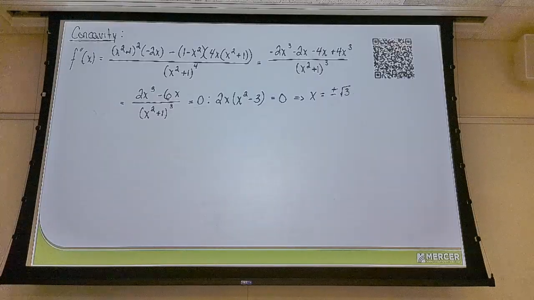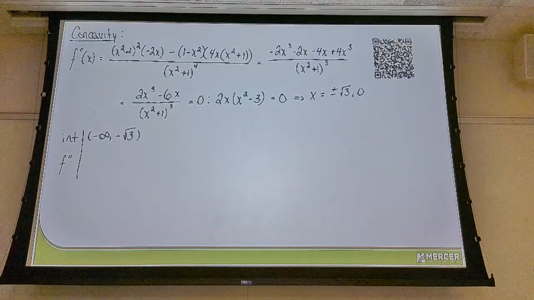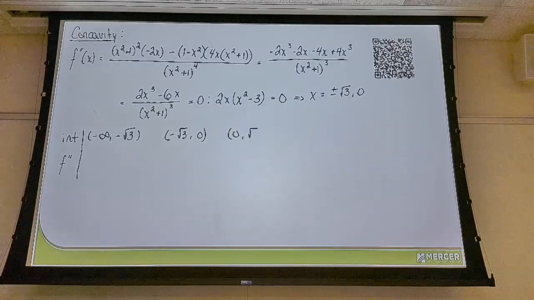And 0. Which are interior? Everything. Yeah, this is a little gross. So we're going to have to go negative infinity to negative root 3, negative root 3 to 0, 0 to positive root 3, and then positive root 3 to infinity.